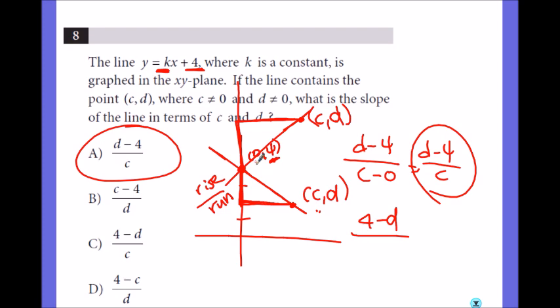And for the run, it's 0 minus c, which will give you negative c in the denominator. So it can't be 4 minus d over minus c. If you bring the minus outside, then the top switches, right? So it can't be that. It has to be A. Okay.